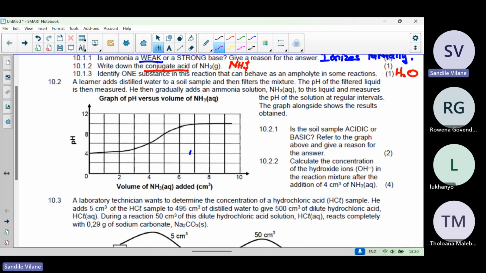The graph alongside shows the results obtained. So look at what has happened. By adding the ammonia, if you look at your pH, the initial pH of this filtered mixture was 4. This tells me that this soil was acidic.